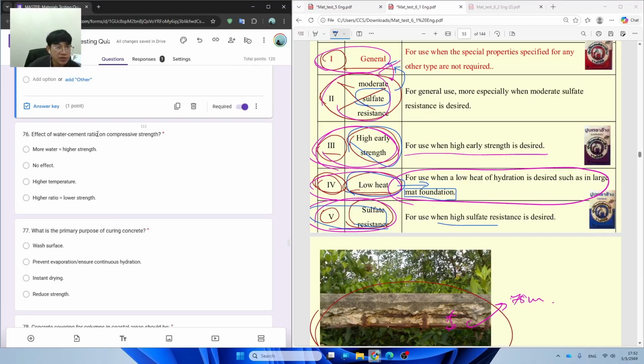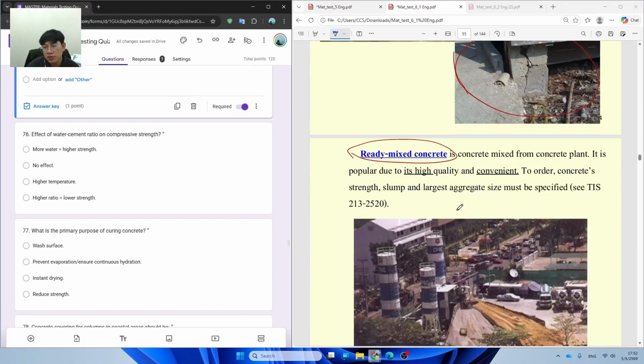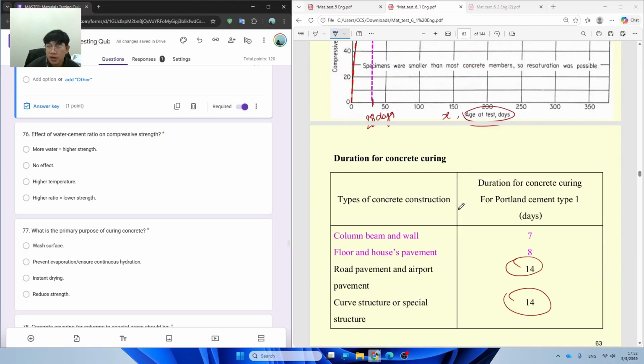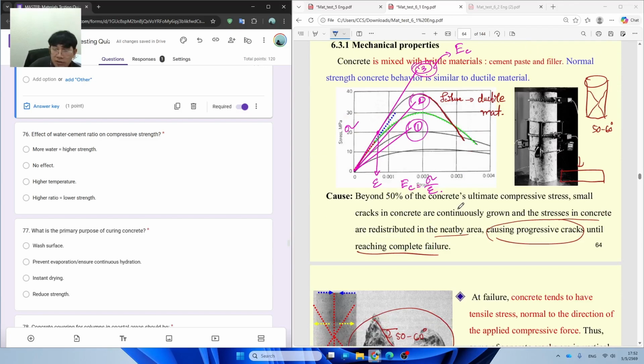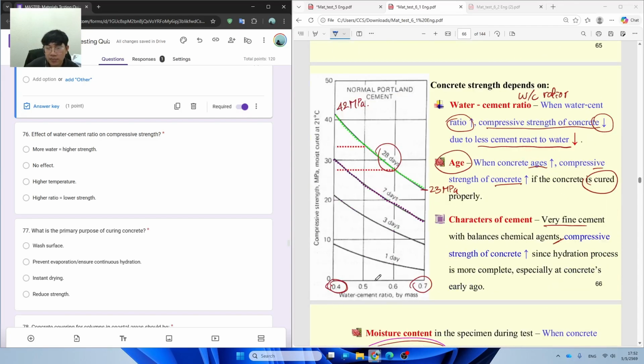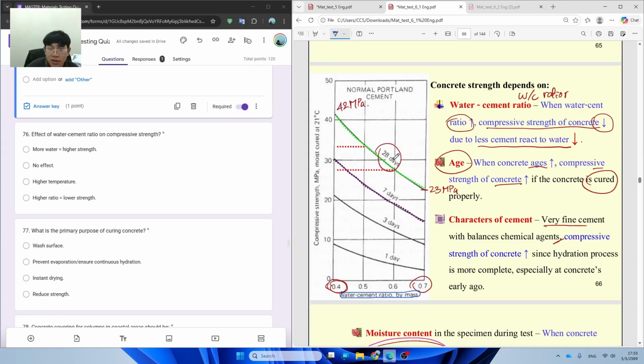Question 26, effects of water to cement ratio on compressive strength. The effect of water on the concrete is on the strength. If you look here, water to cement ratio by mass at 28 days: when we add water at a ratio of 0.7 to the cement, it produces only 23 megapascals.